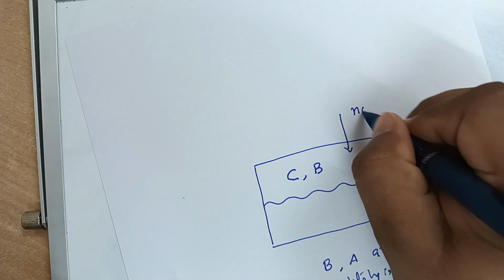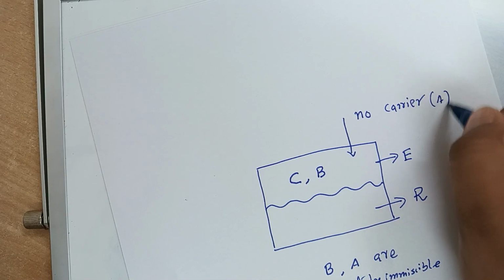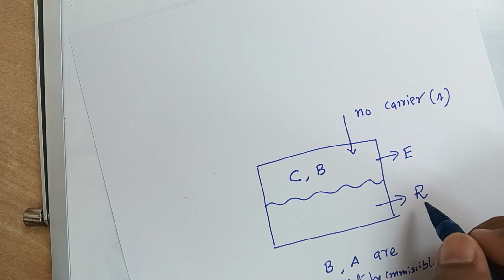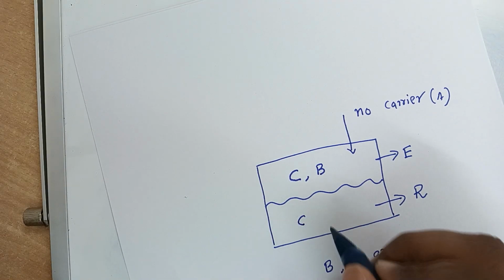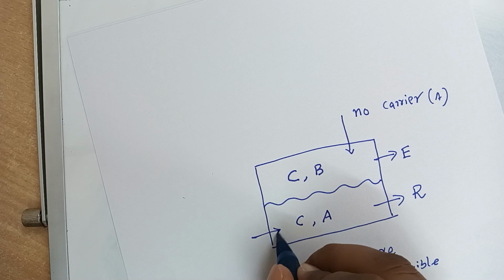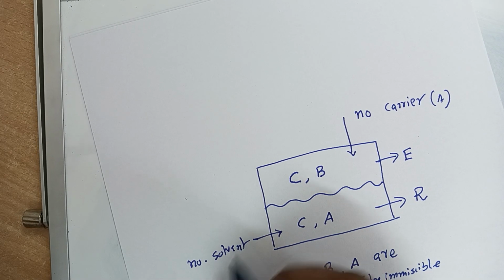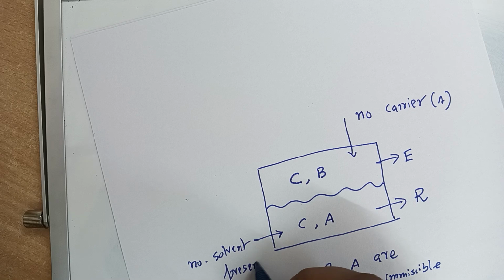Here no carrier will be present in the extract. Likewise, in the raffinate, which is a carrier rich phase, you will have some solute plus carrier but no solvent present.